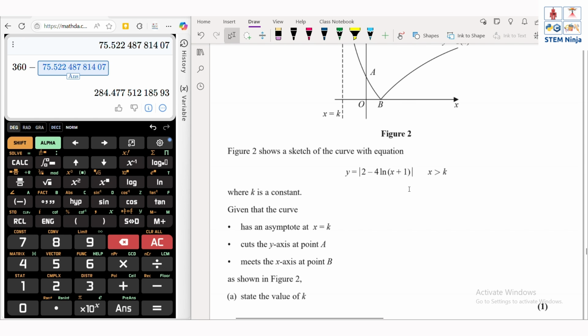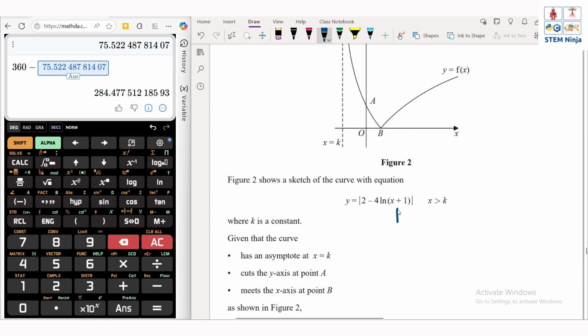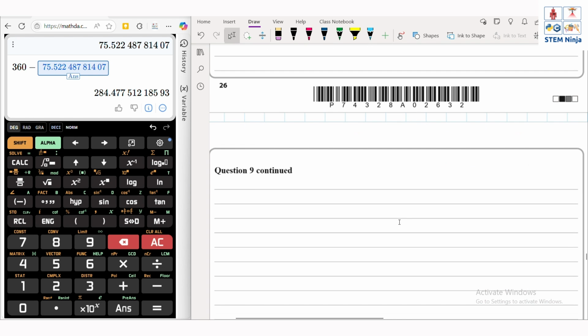So the asymptote over here is happening due to this thing. At this point, you must realize by now that the asymptote is caused by the ln term.